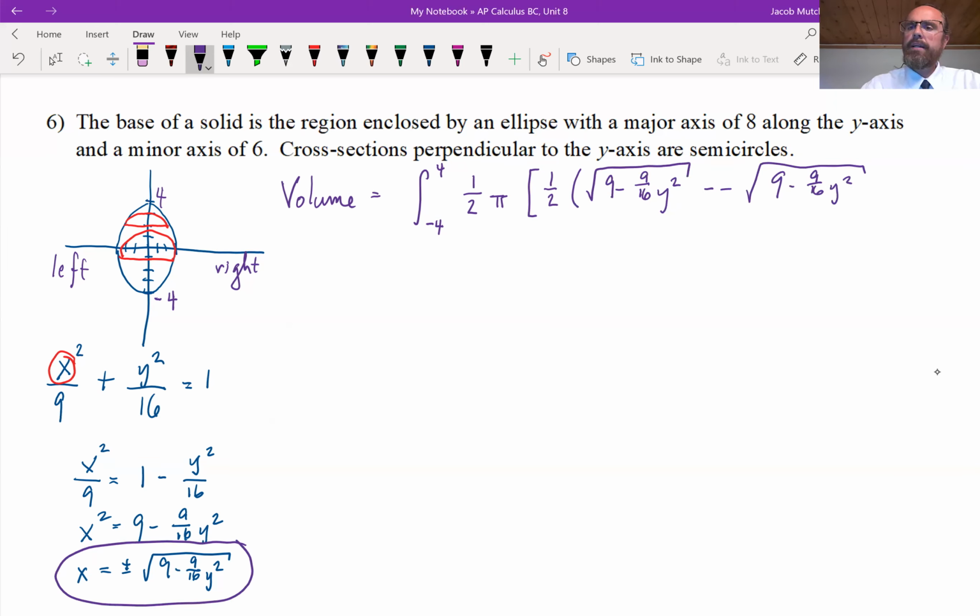So that whole statement, that half times that double radical there, that's my radius. So what I want to do to all of that is square it. My formula again is pi r squared. And we'll include our differential, which again, it's the width of each one of these, dy.